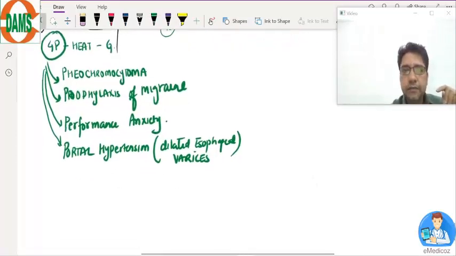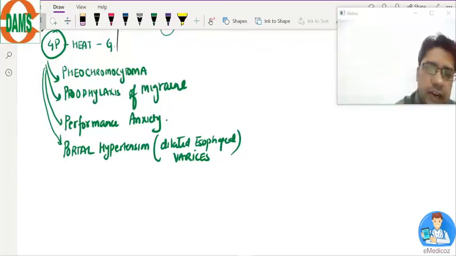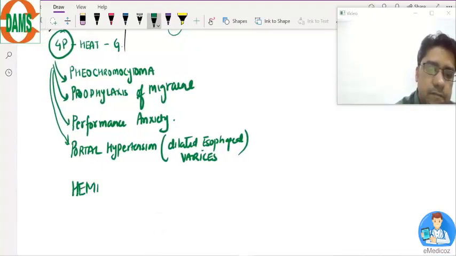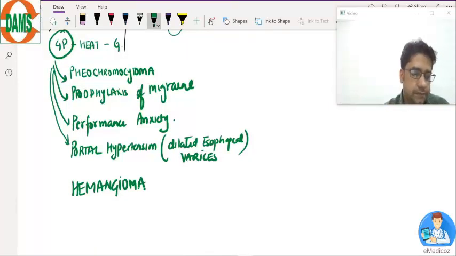Let's come to heat. Can you tell me when blood vessels dilate on skin, we give beta blocker? You will write hemangioma. Because if you block beta 2, there will be vasoconstriction. Vasoconstriction, hemangioma.